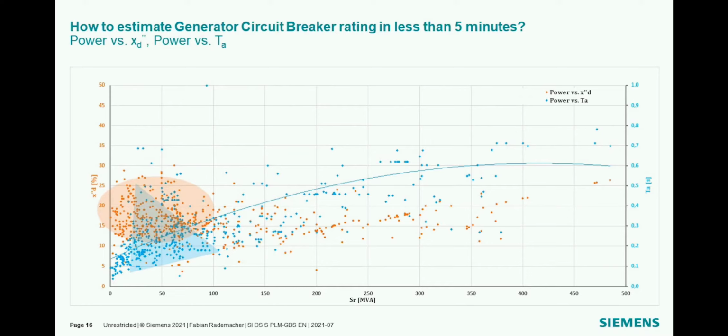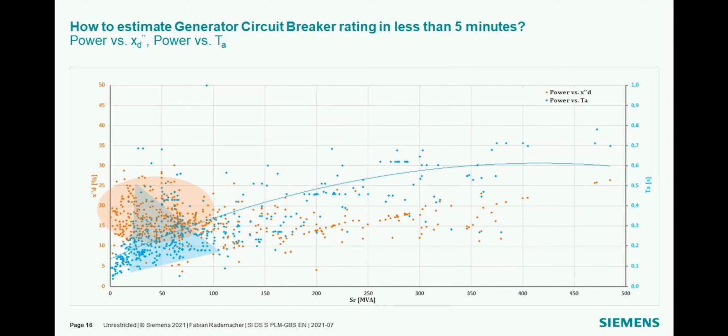We have a cluster of sub-transient reactance up to a power of 100 MVA, which is between 15% and 25%. And also, the sub-transient reactance increases when the rated power of the generator increases.